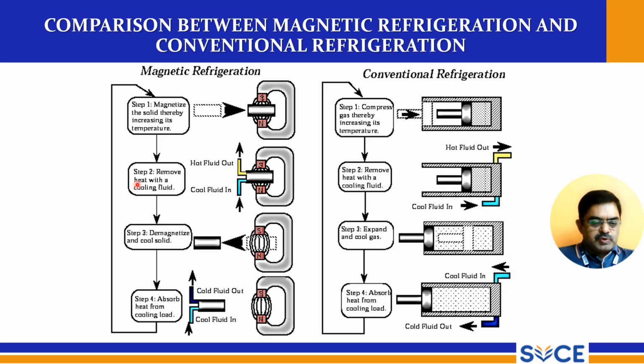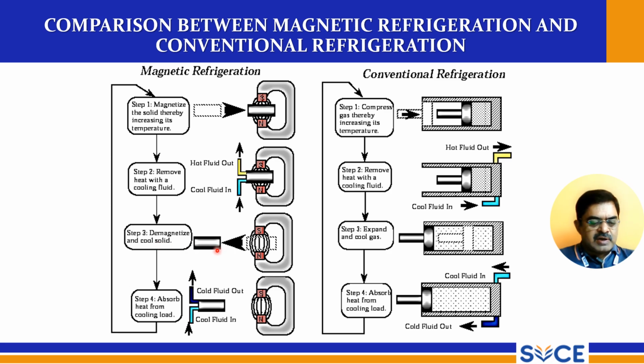Then in step 2, remove the heat with a cooling fluid. So hot fluid out and cool fluid in, whereas here we remove the heat with a cooling fluid. This is the condensation process. Then step 3, demagnetize and cool the solid.